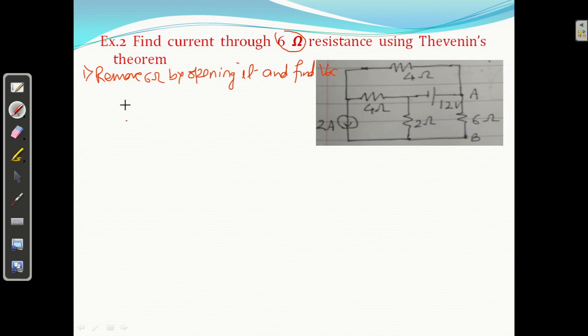This is 4 ohm, 12 volt, 4 ohm. This is again 4 ohm. This is 2 ohm. This is 2 ampere.